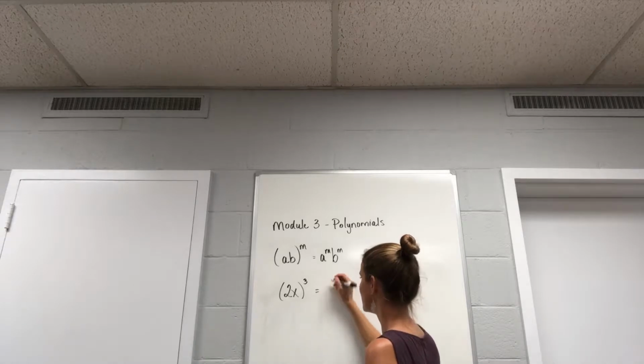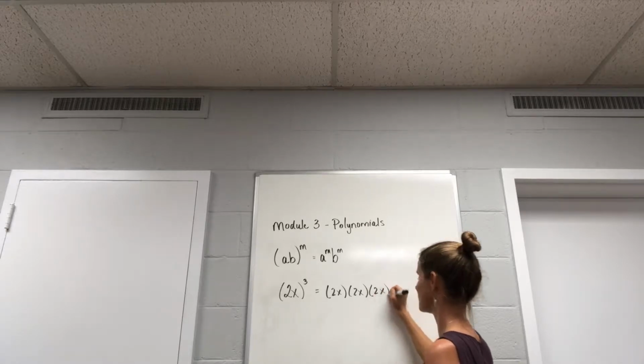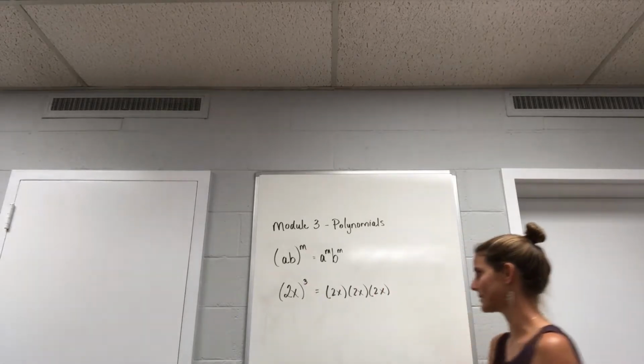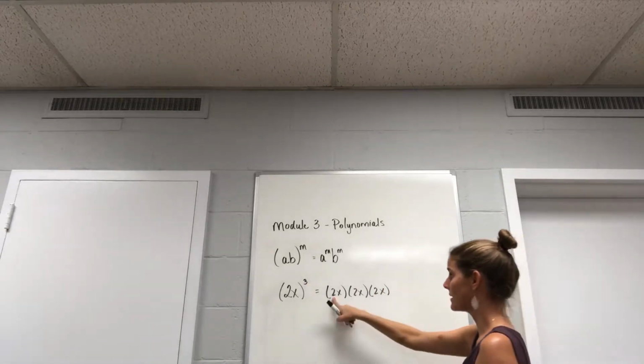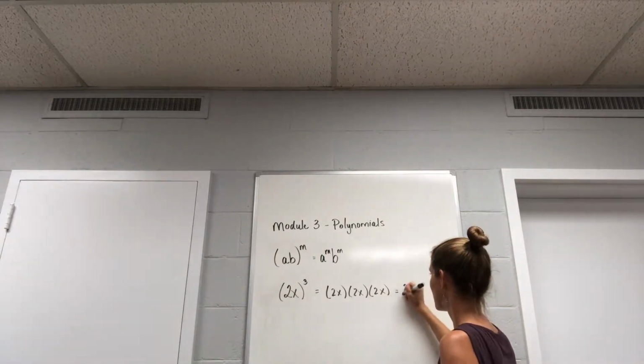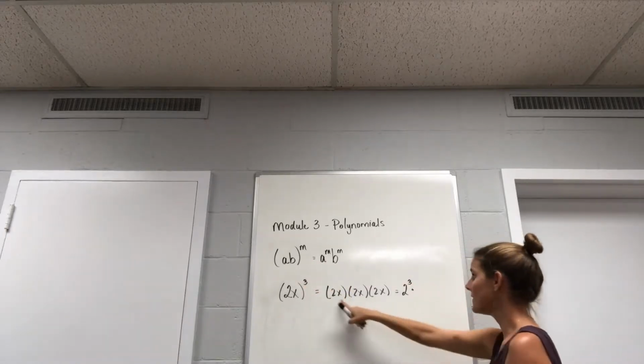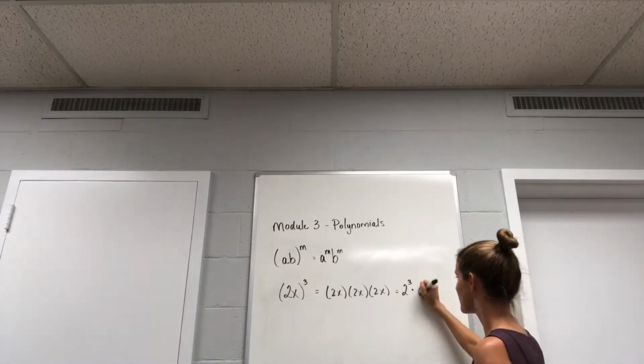This means 2x times 2x times 2x. If we think about what exponents mean, to the 3rd power means multiplied by itself 3 times. And then if we multiply that, we get 2 times 2 times 2, which is 2 to the 3rd power, and then x times x times x would be x to the 3rd power.